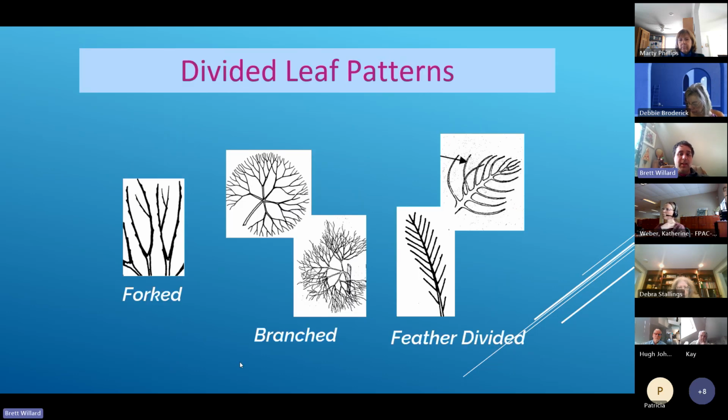But all of these leaves look as though you had a fleshy leaf, like a maple leaf, and an insect had eaten away all of the fleshy part, and all that was left was the veins. So in divided leaves, they might look like a little fork, like a tree branch, and they might look like a feather, where they have a single midrib with lots of little pins coming off the sides.